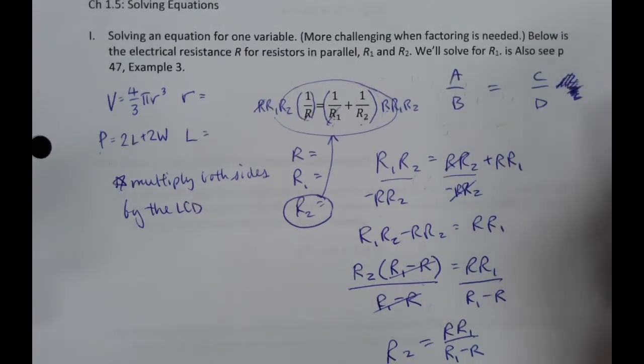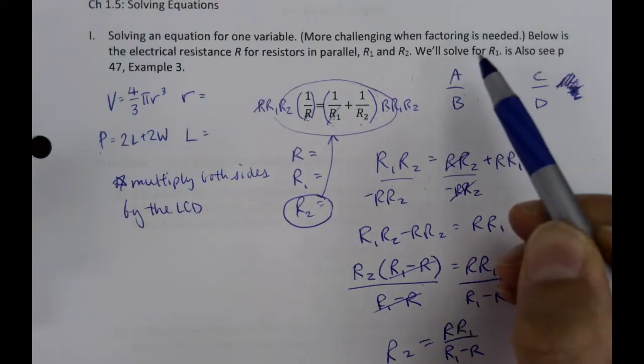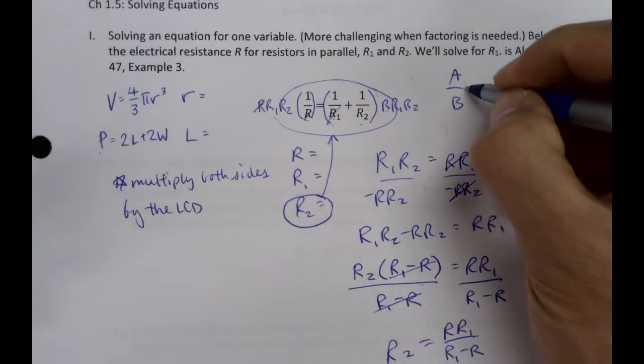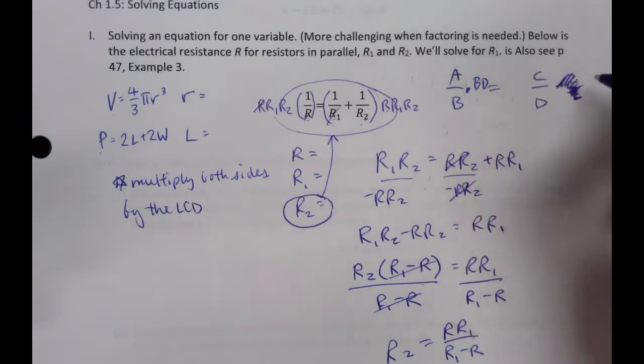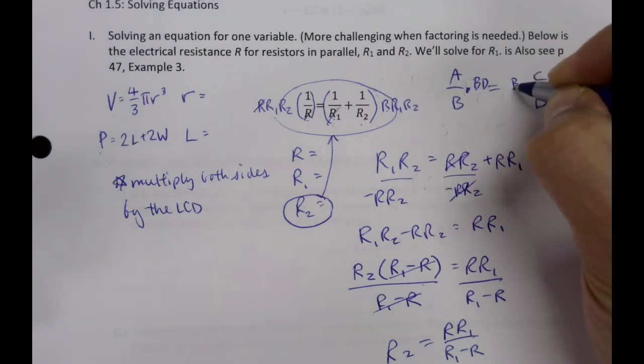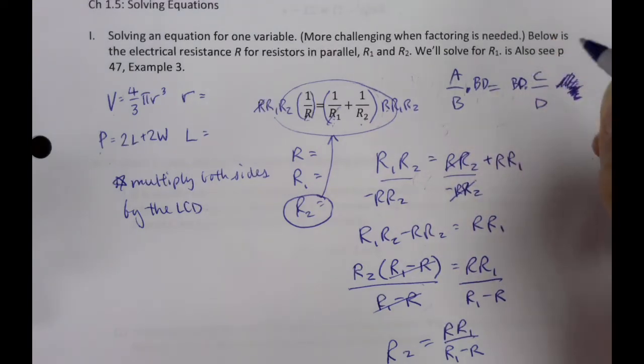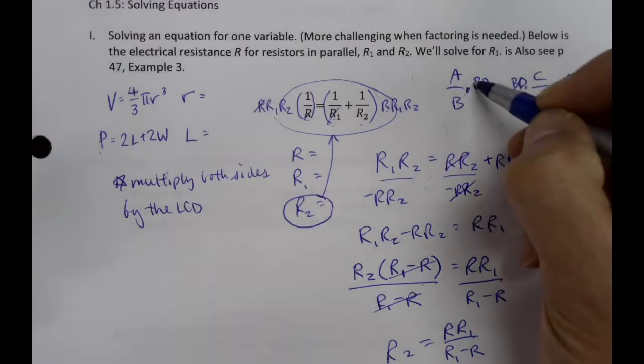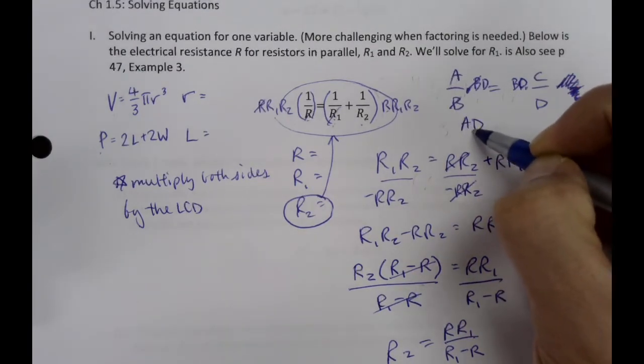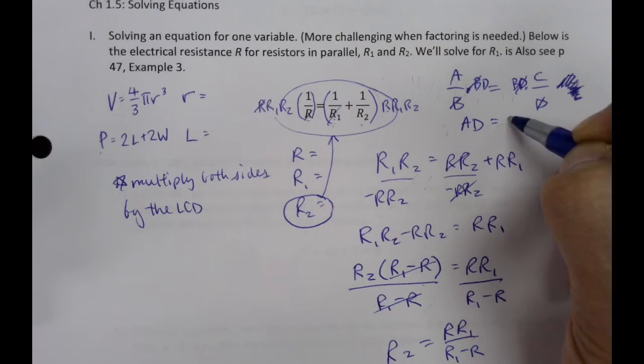So here, if I want to get rid of these fractions, I can multiply by the least common denominator, which is BD, and I will get AD equals CB.